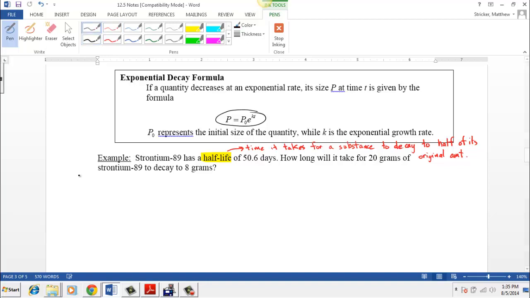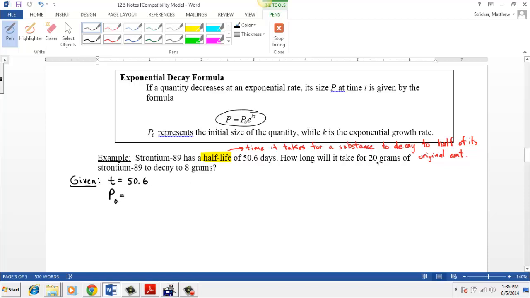So if we start out by writing down what's given, remember this is always a good idea. It says it has a half-life of 50.6 days, so that's time. Time is 50.6. And remember, 50.6 days is the amount of time it takes for the initial amount to become half of that. What's the initial amount? What's the P0?